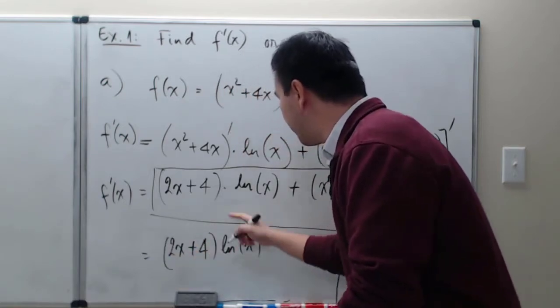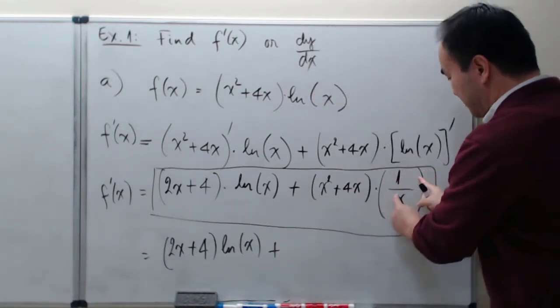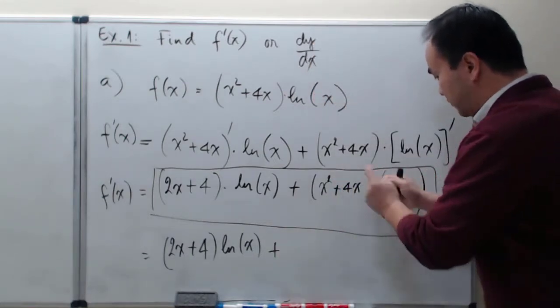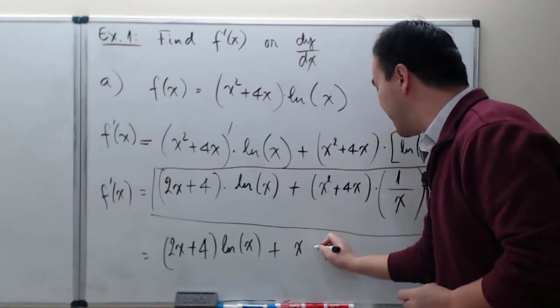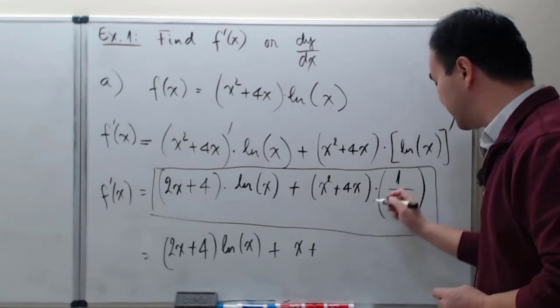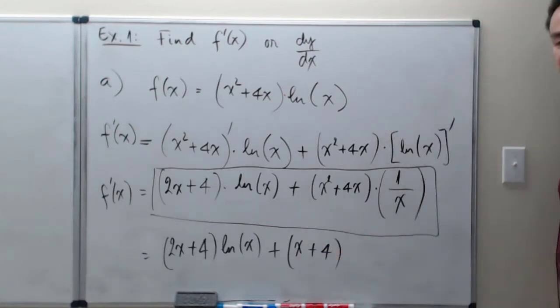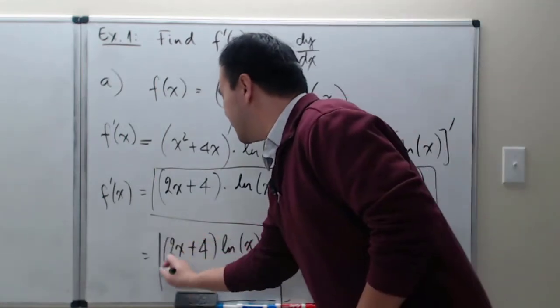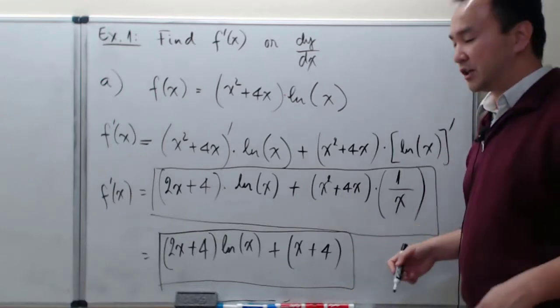That came straight out from the first term, but then the next term here, if we distribute that 1 over x for each term, 1 over x cancels with x squared, giving us an x plus, and now x cancels with this other x, so x plus 4. And that's about all we can do. And then this is our final answer, which is a little bit more simplified.